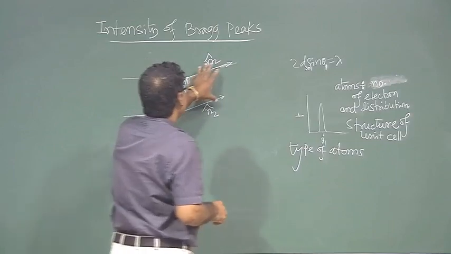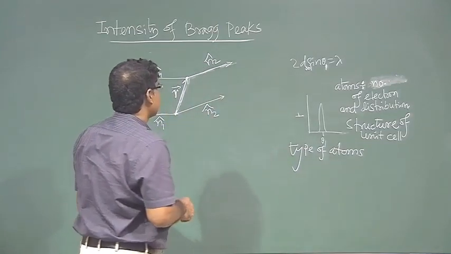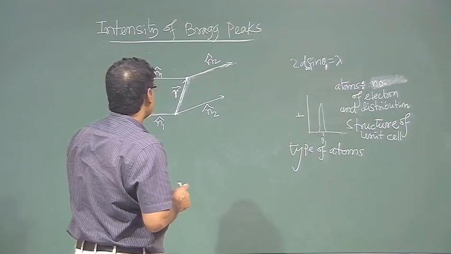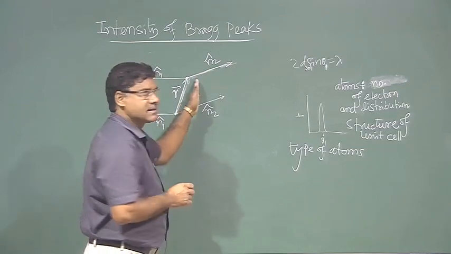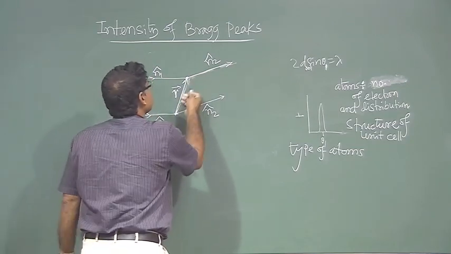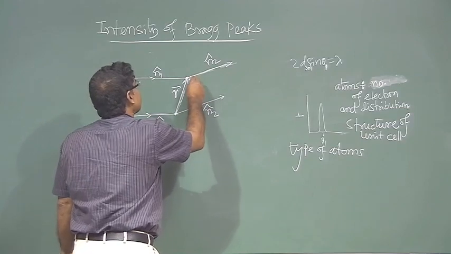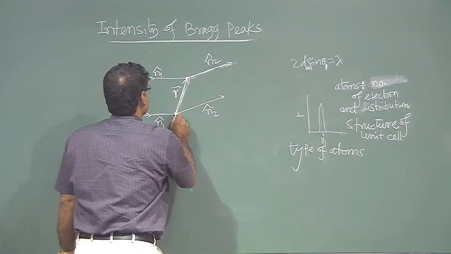So, now they will interfere and I will get the constructive interference, setting the condition. Now, what will be the condition? So, path difference has to be an integral multiple of lambda.